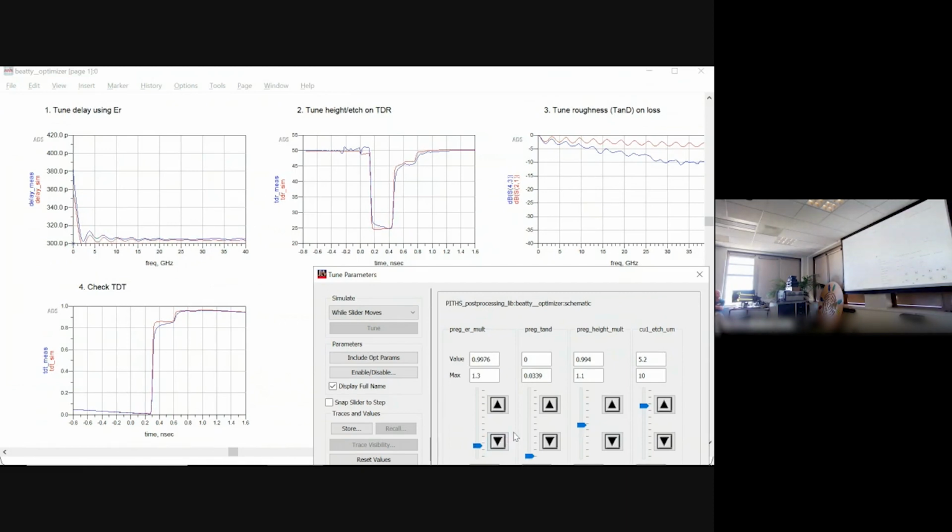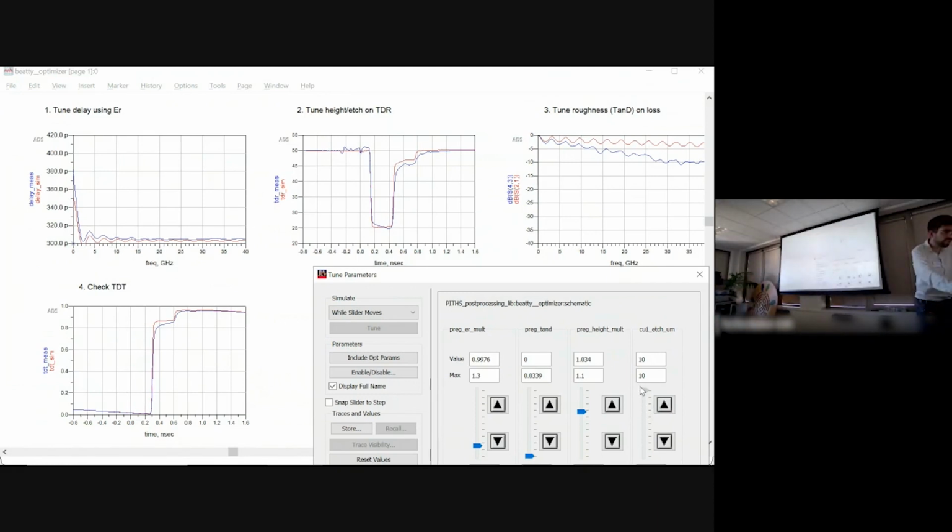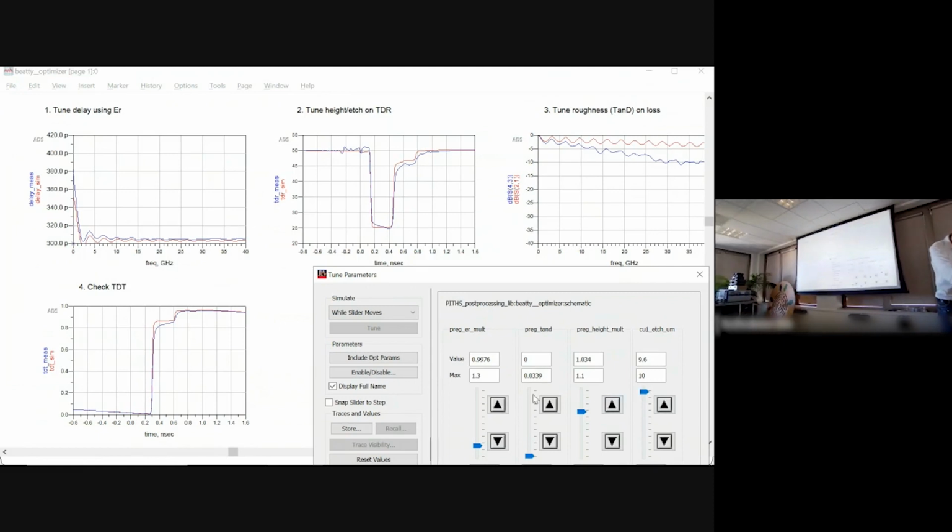Then we have the pressing height variation and also over and under etching, which both have a quite subtly different signature in the TDR plot. So we can tune for them to match nicely. Of course, I cannot get this to work as fast as artificial intelligence, and especially not under stress.